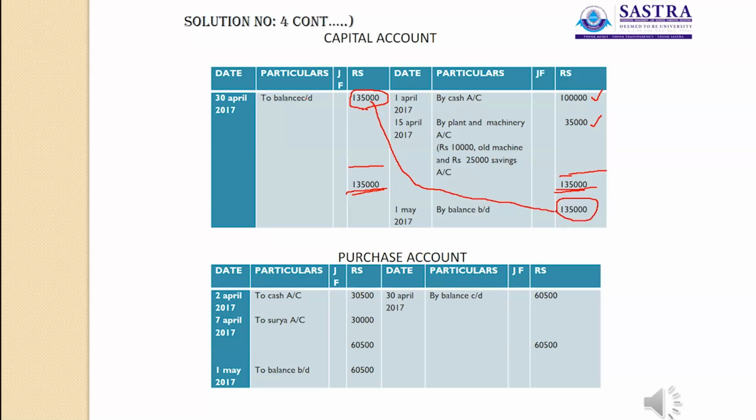The next account is the purchase account. Purchase account, 2nd April 2017, cash purchases 30,500. Credit purchases to Surya account rupees 30,000. So the total purchases is 60,500. This amount is transferred at the end of the month, 30th April, 60,500.